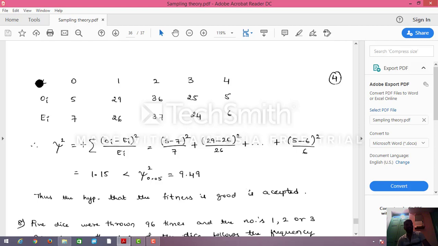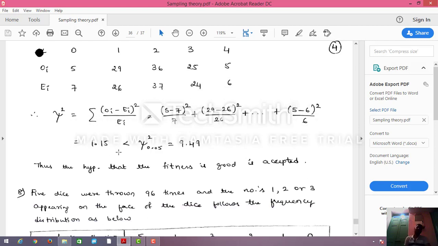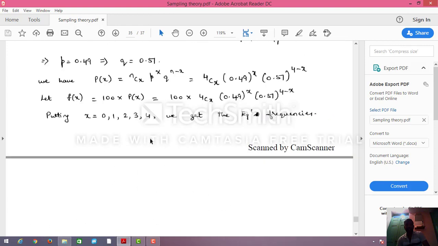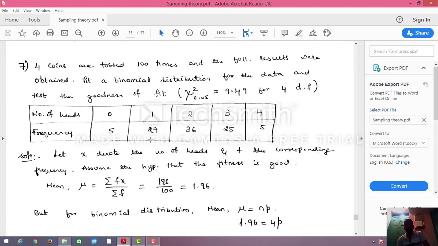We'll simplify this. Chi square value you will get is 1.15, which is less than the table value. I have given chi square at 5% level of significance is 9.49 for 4 degrees of freedom. Here, n is nothing but 5, so the degrees of freedom should be 4.